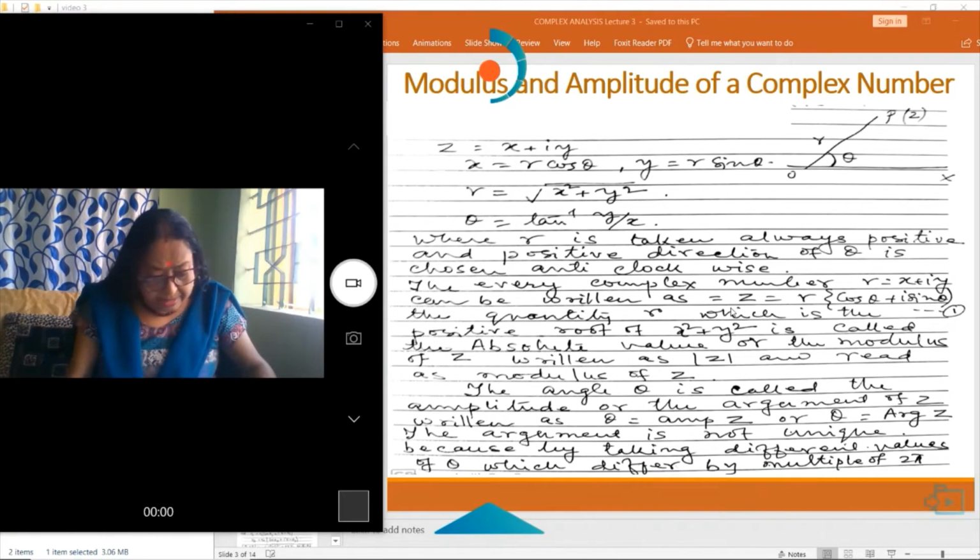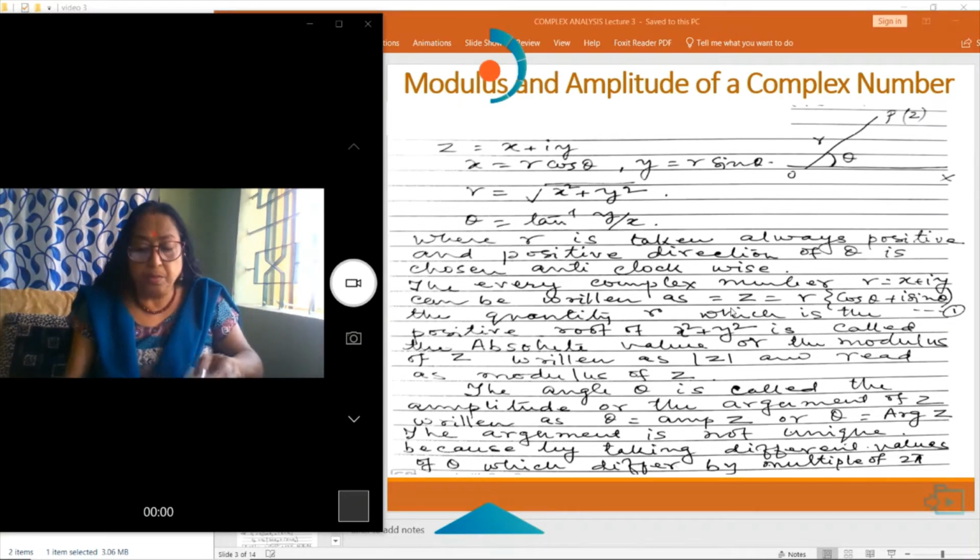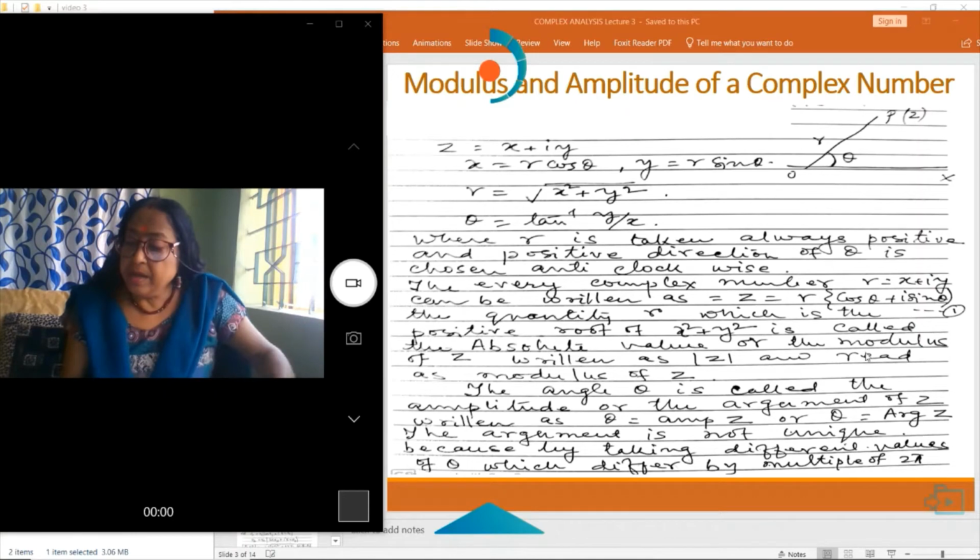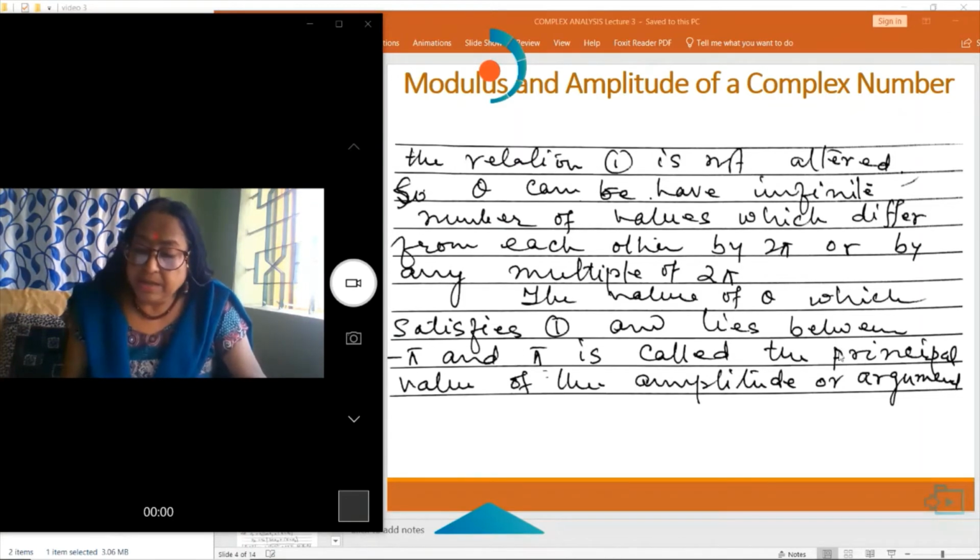The argument is not unique, because by taking different values of theta which differ by a multiple of 2 pi, the rotation is not altered. So theta can have an infinite number of values which differ from each other by 2 pi or by any multiple of 2 pi.